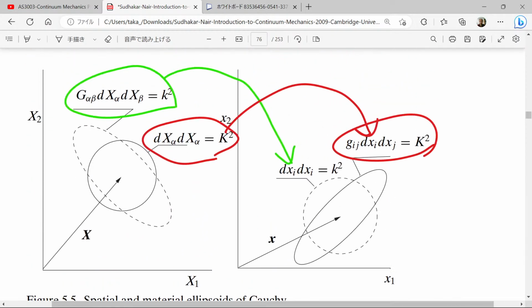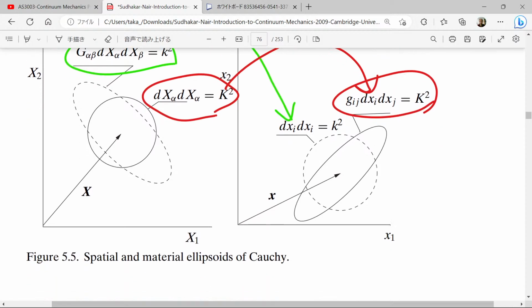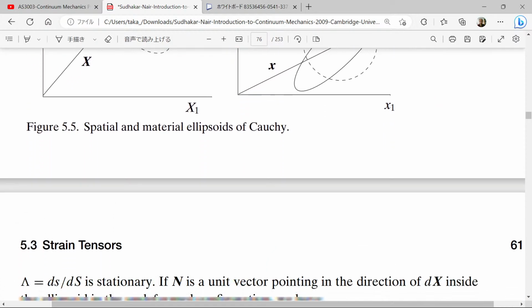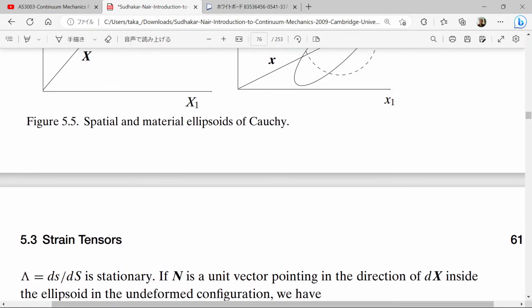What does it mean? Along which the stretch is stationary. What does it mean?